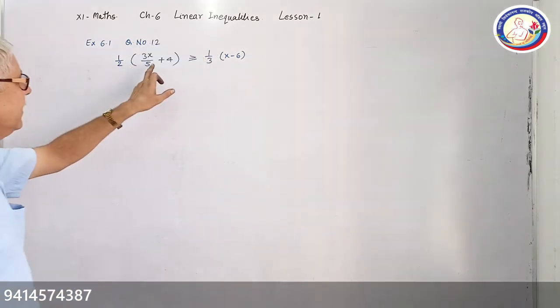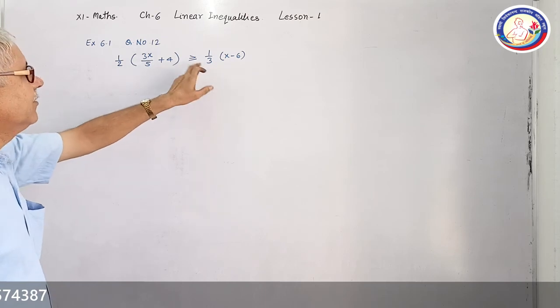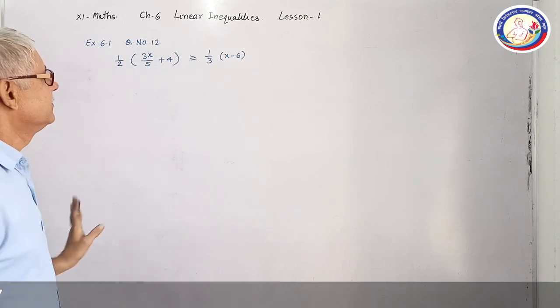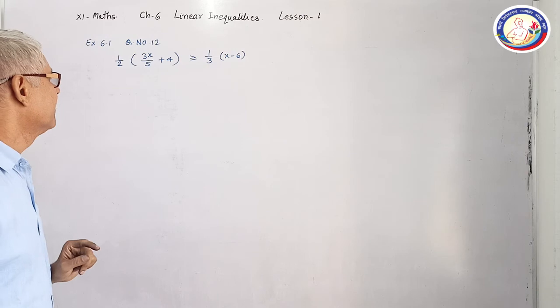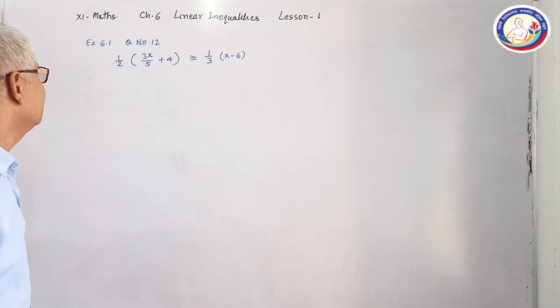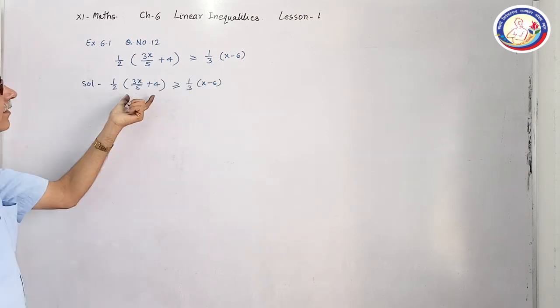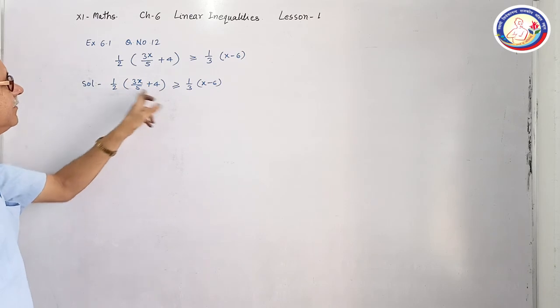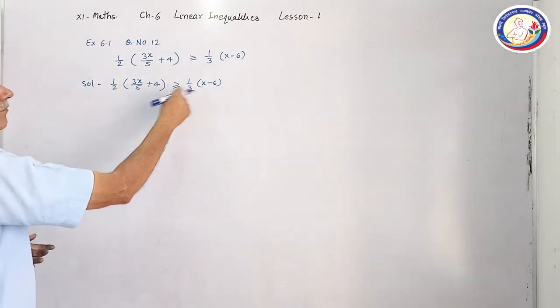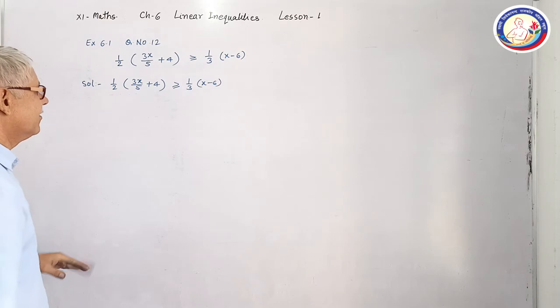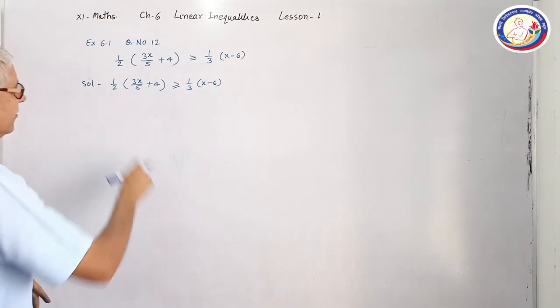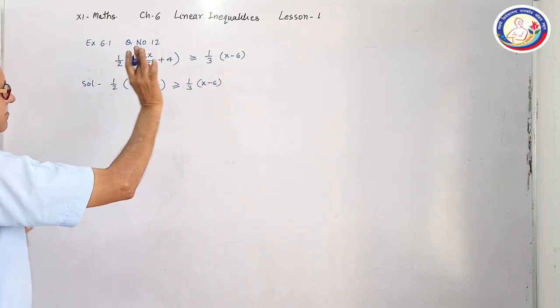We can solve any inequality in different ways. I am taking it for solution. The question number 12. We can start with simplification. Open the brackets or take LCM to eliminate the denominator.